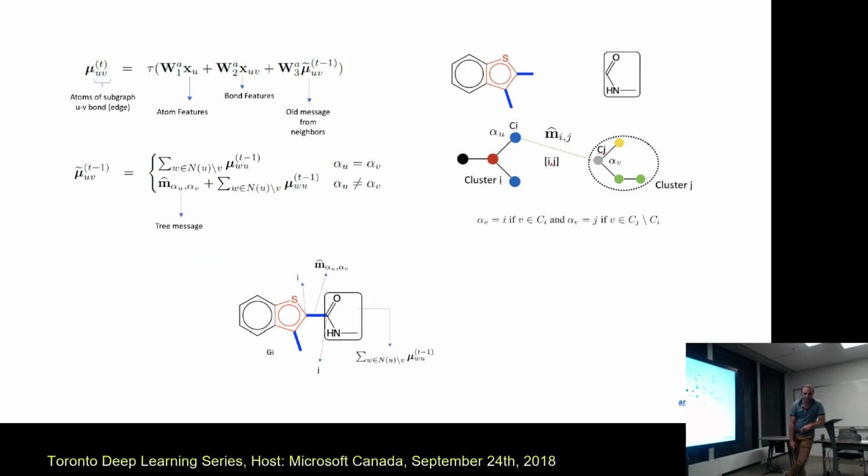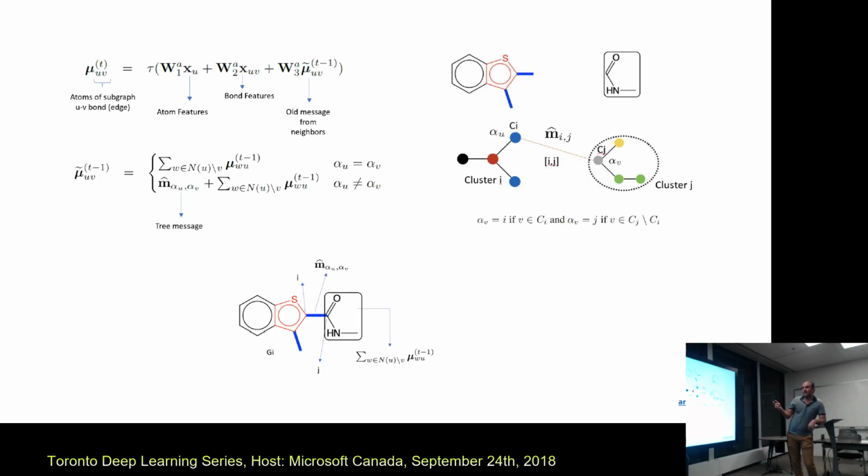And the reason is this, and it's super complicated, and I'm not sure if I fully understand it. But here's how they explain it. Previously, we just used messages from the molecular graph for creating the belief.